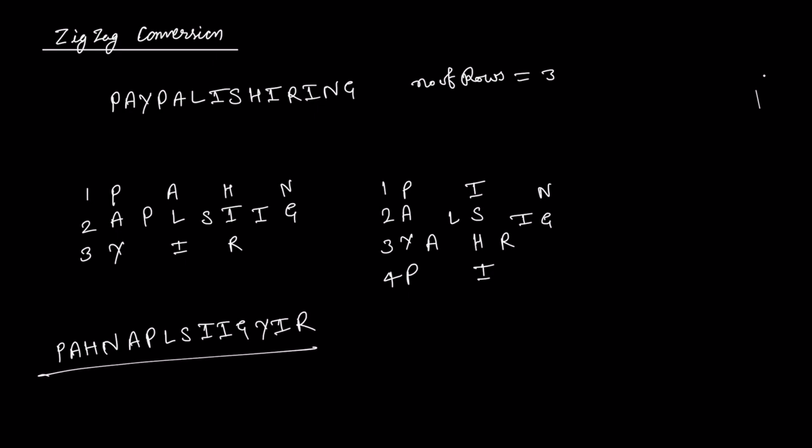And for 4 rows the output is: first row PIN, second row ALSIG, third row YAHR, and last row PI.